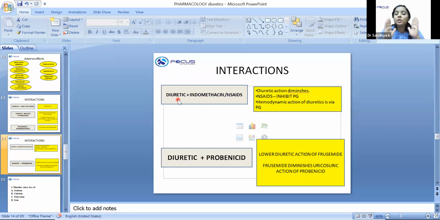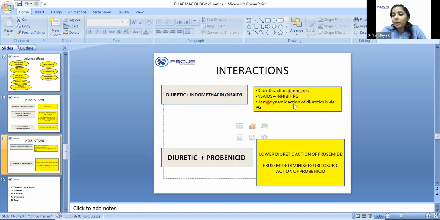The intention of a diuretic is to remove excess sodium and water from the body. To achieve that, it has a hemodynamic action, increasing the blood flow to the renal tubules so that more glomerular filtrate is formed, and it is possible to remove a large amount of filtrate. Okay, this hemodynamic action of a diuretic is also mediated by prostaglandin.